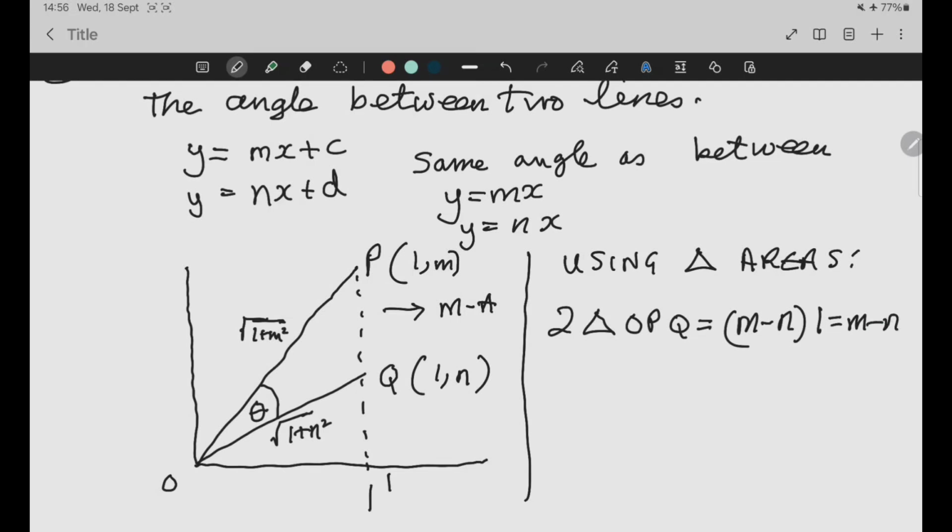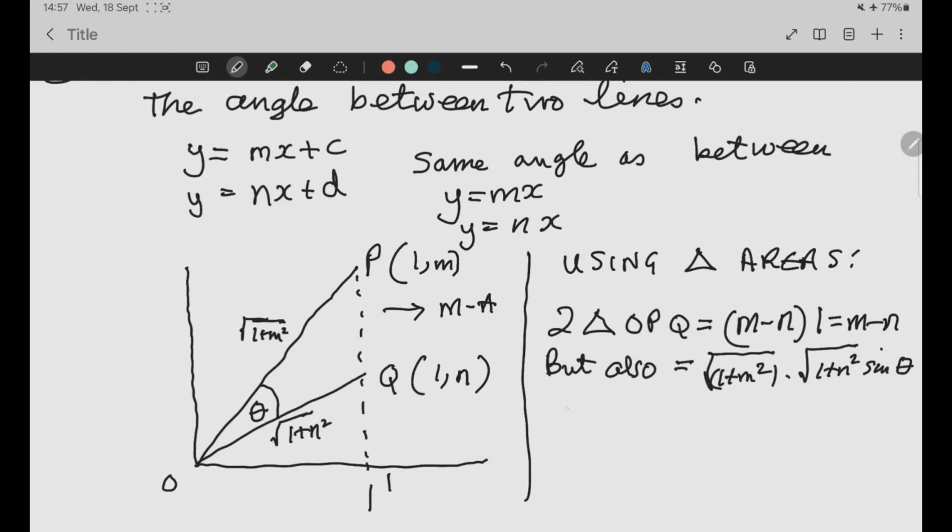But also twice the area of the triangle will be square root of 1 plus m squared times square root 1 plus n squared sine theta.